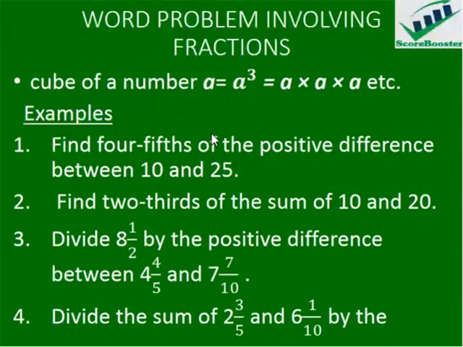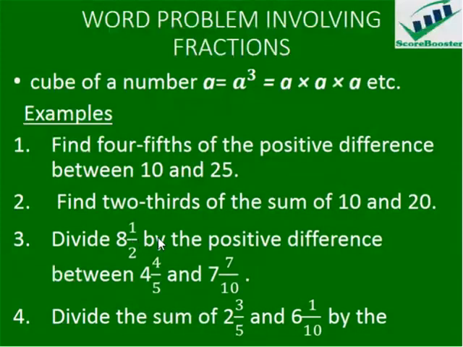And here "of" also means multiplication, like we have in BODMAS, where we have brackets, of, division, multiplication, addition and subtraction. So "of" here connecting 4/5 and the positive difference between 10 and 25 means multiplication.